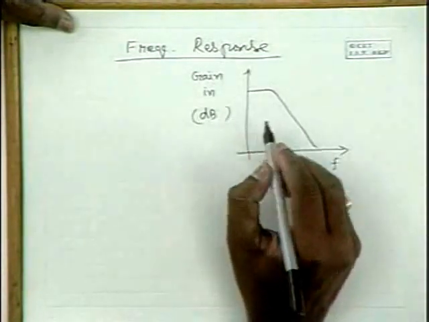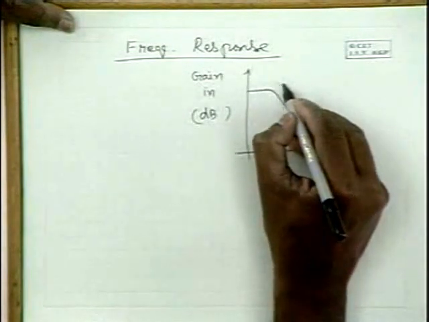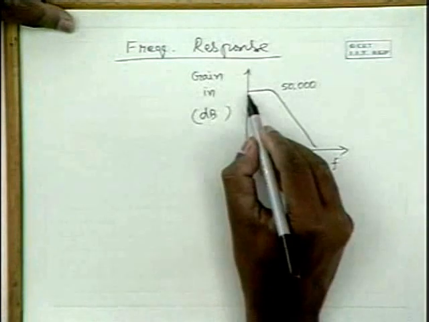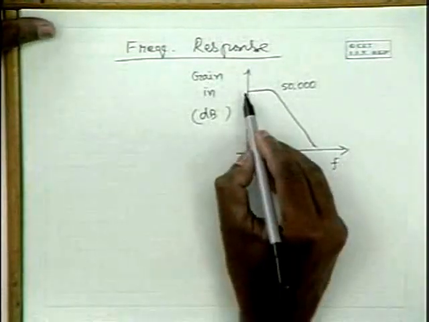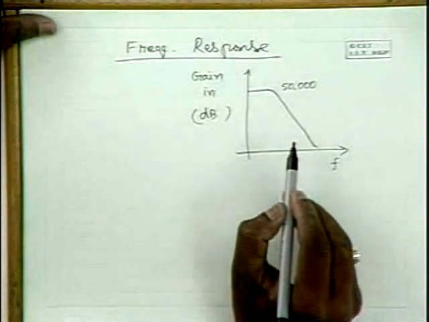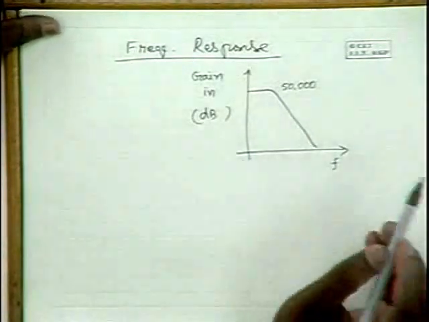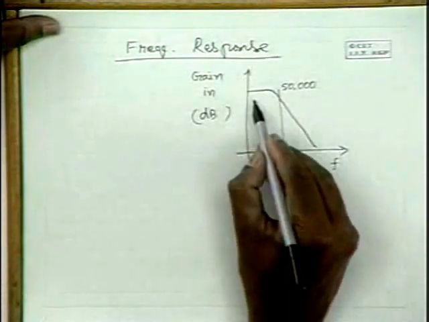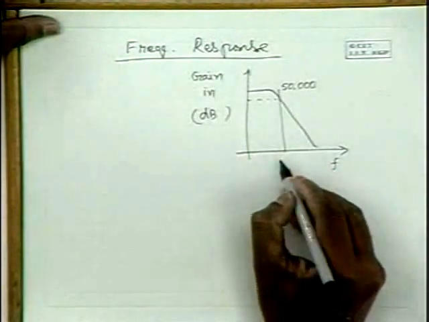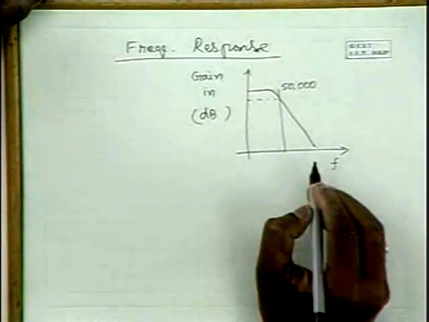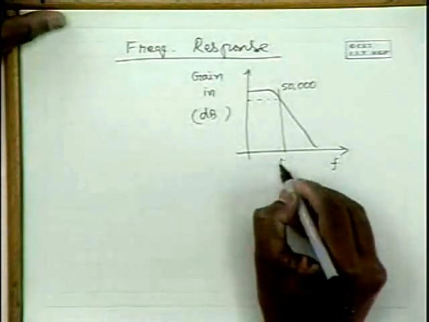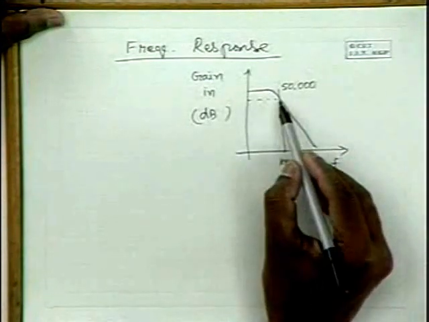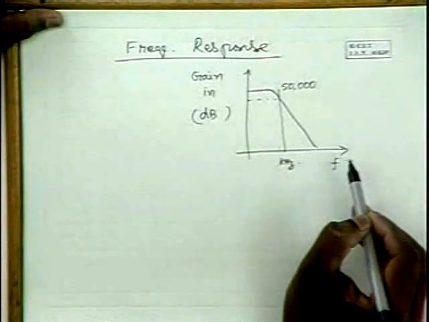So the open loop gain is 50,000. And the 50,000 gain cannot be obtained for all frequencies. So the 3 dB cutoff frequency may be around a few kilohertz. It is in the kilohertz range. And if you go for higher and higher frequencies, the gain drops.